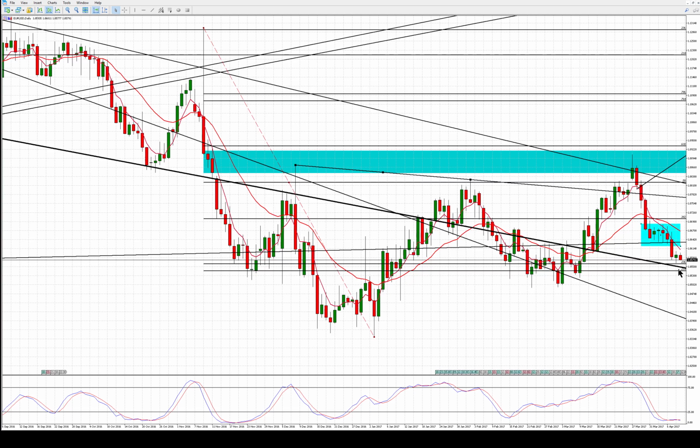Because of that, if it's not going to be bullish, what's causing this negation of this head and shoulders is just a lot of underlying weakness. And so what you're going to have is likely continued weakness going forward.